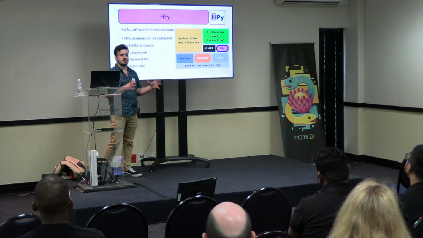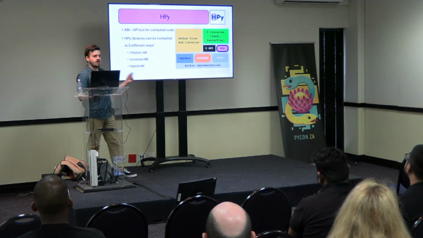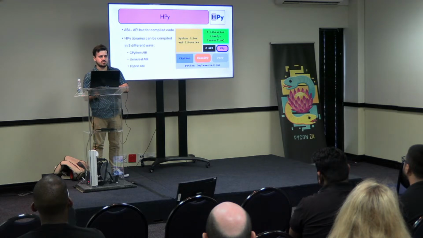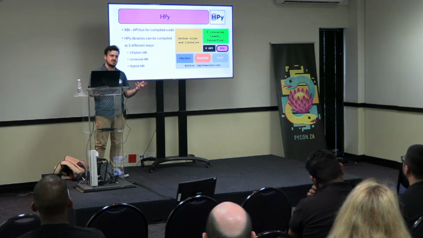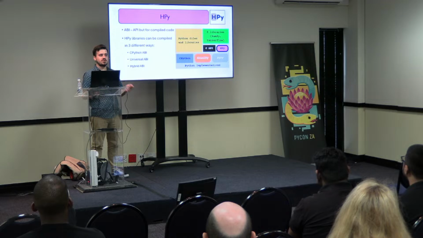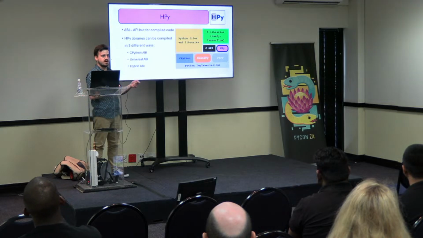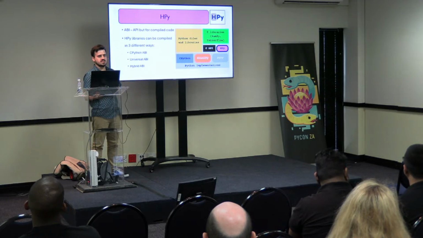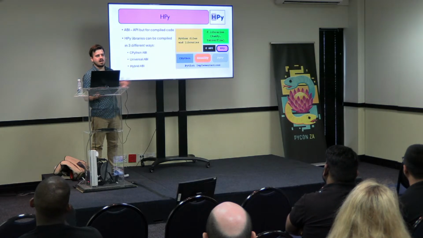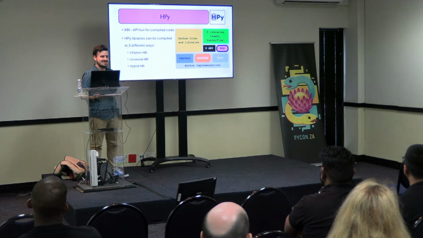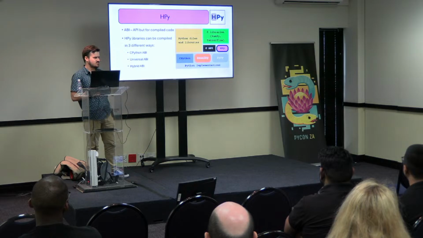Because GraalPy is written in Java, it will interact with GraalPy as though it was written in Java. So it will mold itself to whatever implementation you're using it with. And on PyPy, it'll be more Python-y. So the implementations are responsible for implementing how they handle HPy. So again, that is why we could not just add things to PyPy. We need PyPy to add things. Okay, and then what is your second question?